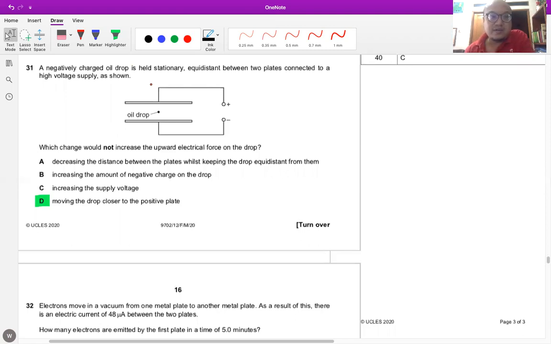A negative charged oil drop is held stationary equidistant between two plates connected to a high voltage supply as shown in the figure. This is an oil drop between two plates. Then the question is, which change would not increase the upward electric force on the drop?